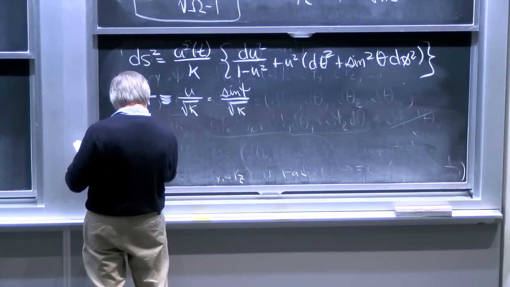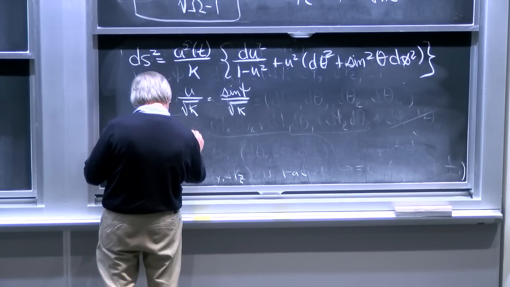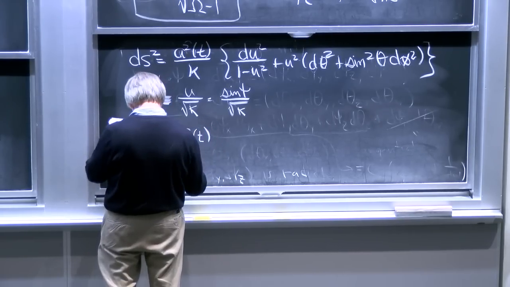And when we do that, the metric takes a slightly simpler form. ds squared is equal to a squared of t all by itself on the outside now.